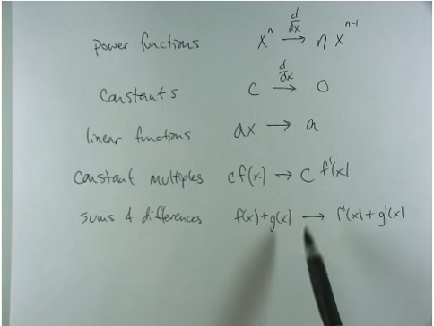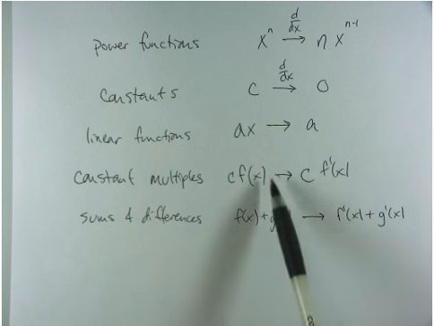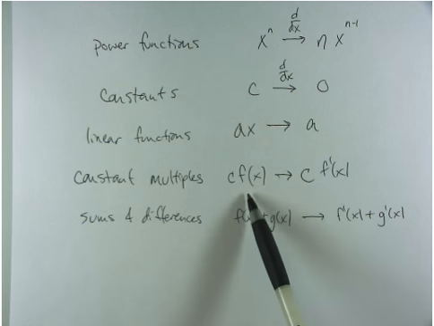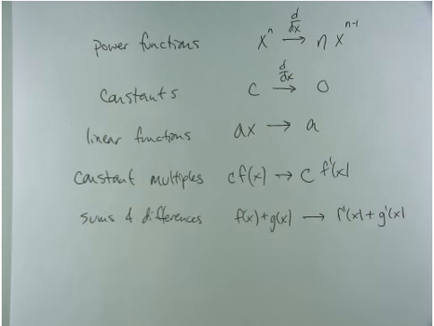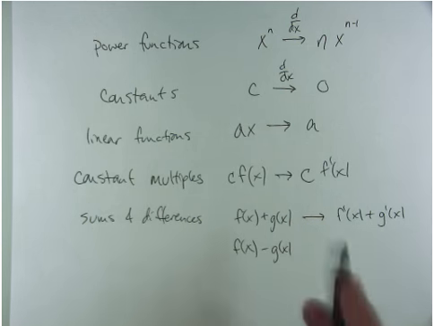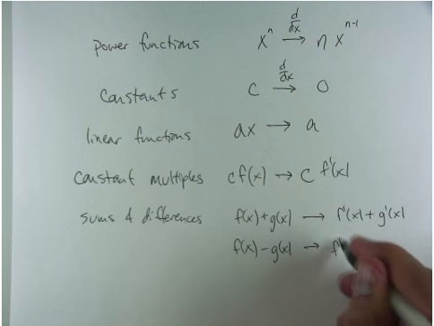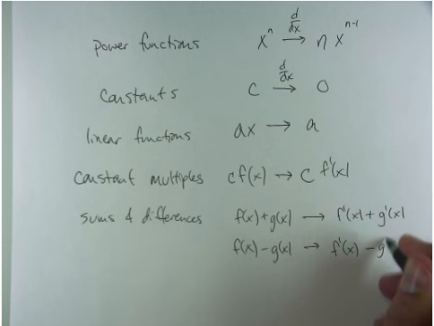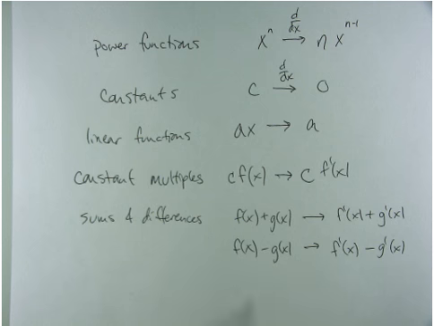Differences are similar because differences are just this put together with constant multiples. You may think of subtraction as adding the negative of the next function, plus negative 1 times. So just to formalize it, f of x minus g of x gets turned into f prime minus g prime. I can just take the derivative of each thing.